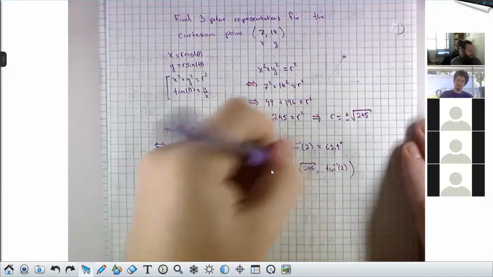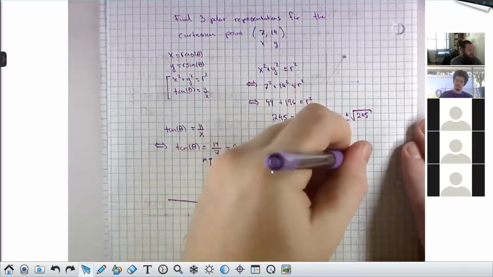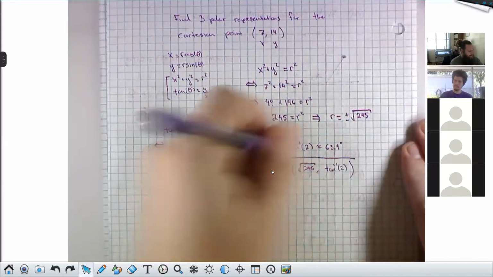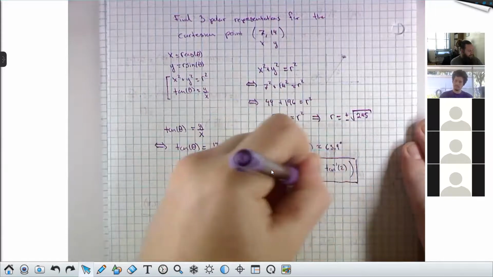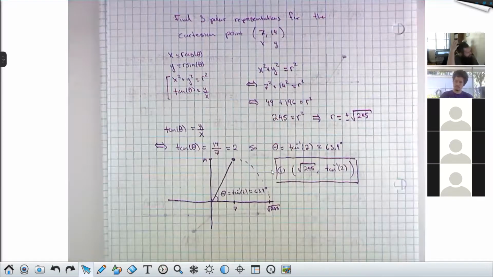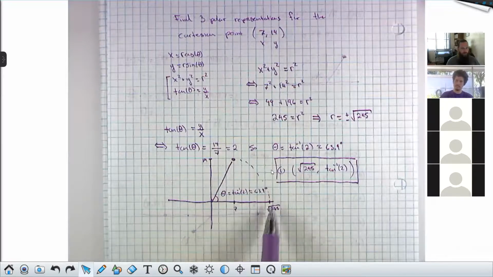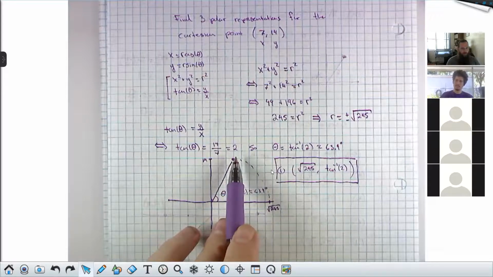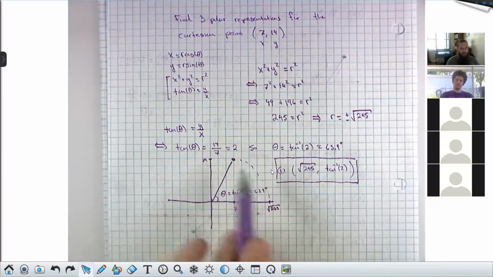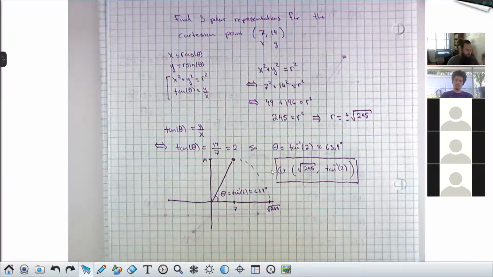This is one answer. But I said I want to find 3 of them. One way to do this is to run through that exact procedure, right? Walk out root 245, rotate up arctan of 2, and then spin around another 2 pi.